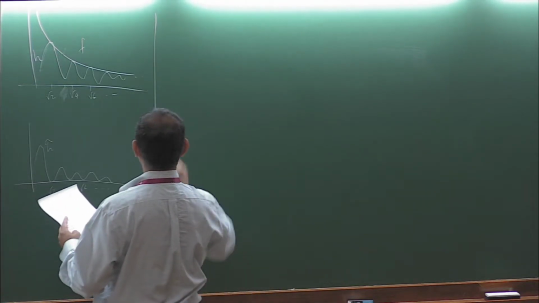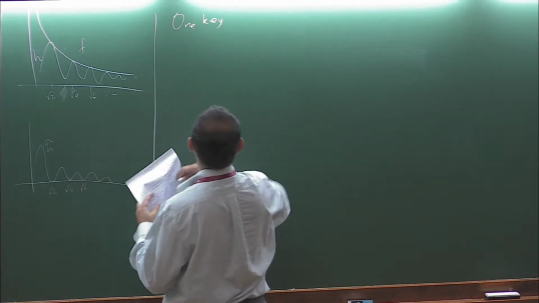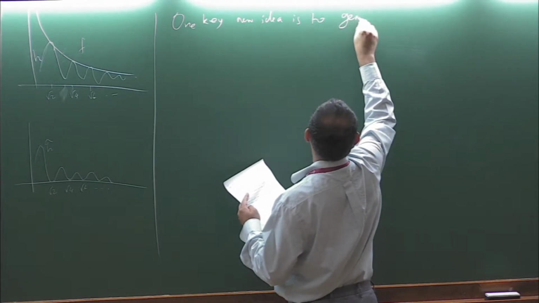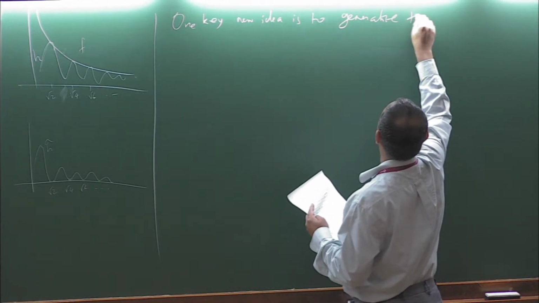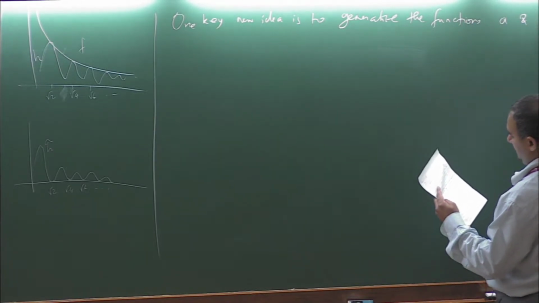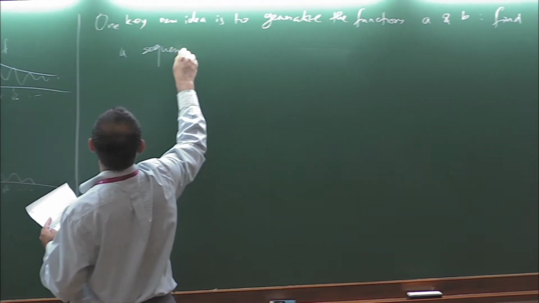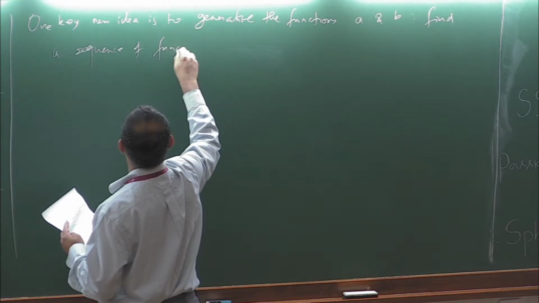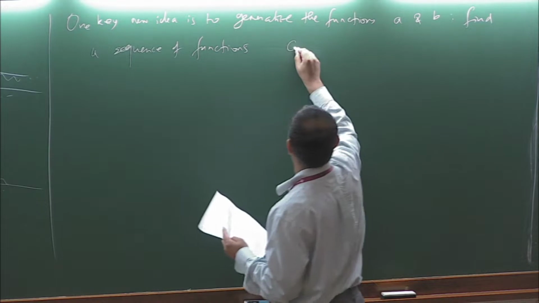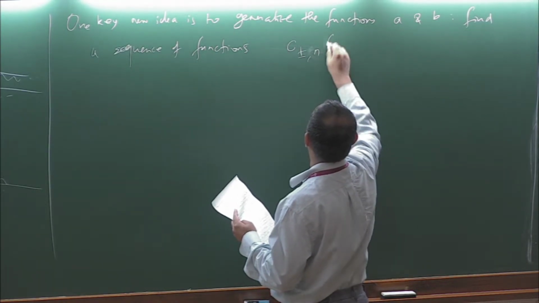So let me define what we want. One key new idea is to generalize these functions a and b. So you find a sequence of functions which we'll call c plus minus n of x.